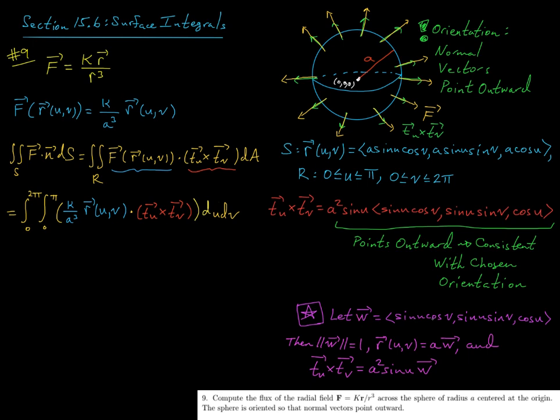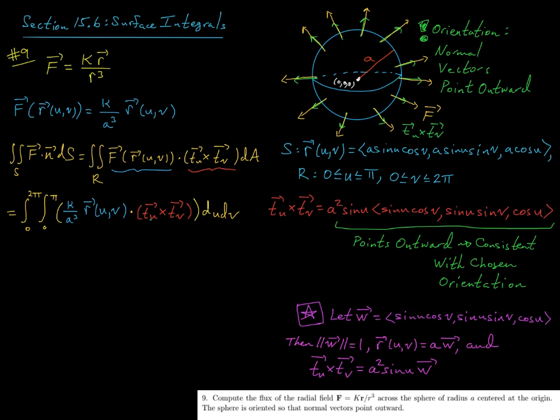This vector w is just the unit vector in the direction of our position vector on the sphere. So this thing lives on the sphere of radius 1, and its magnitude is 1. So r of uv is just a times this vector, and tu cross tv is just a squared sine u times this vector w.